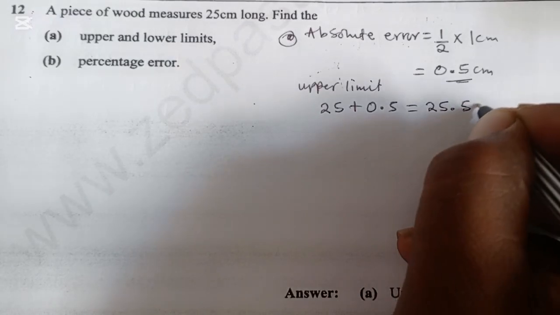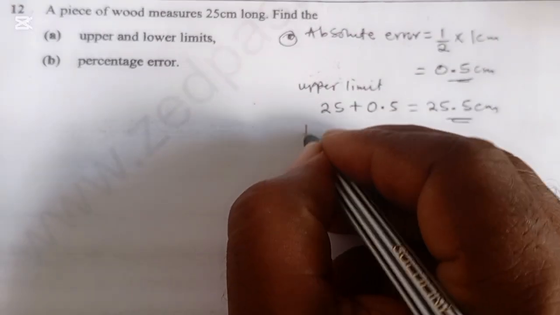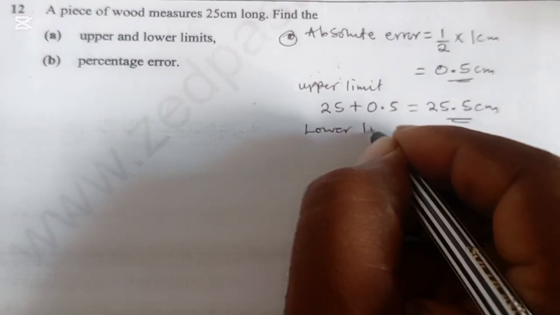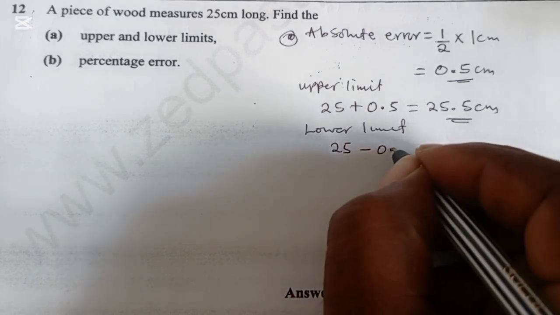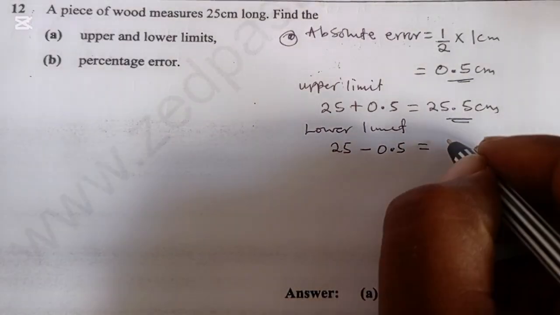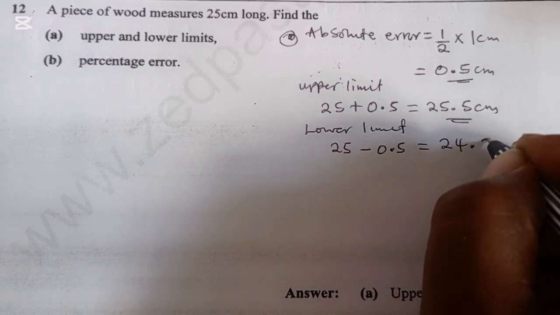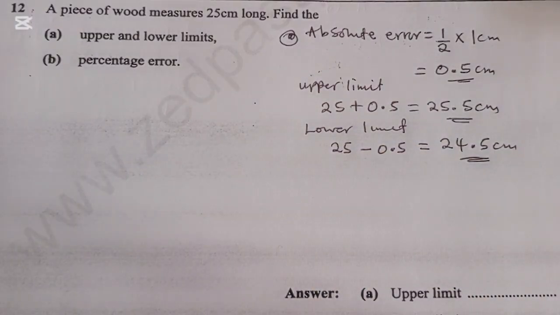The answer is 25.5 centimeters. This is the upper limit. For the lower limit, we subtract. So 25 minus 0.5. So the answer is 24.5 centimeters. So this is the lower limit.